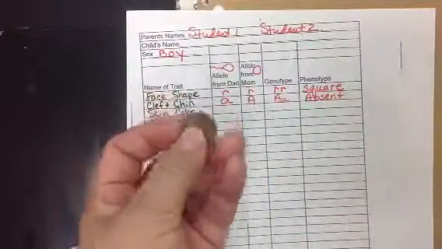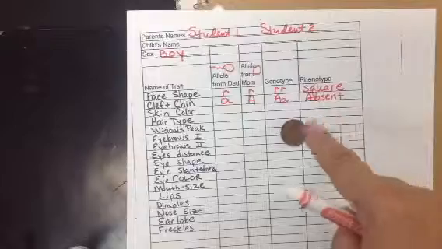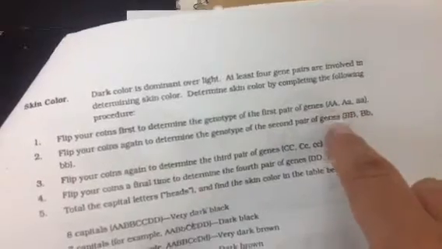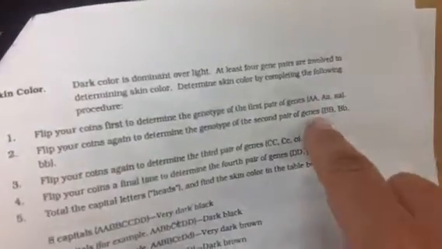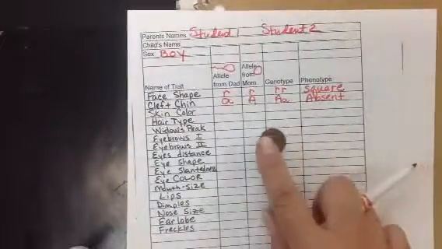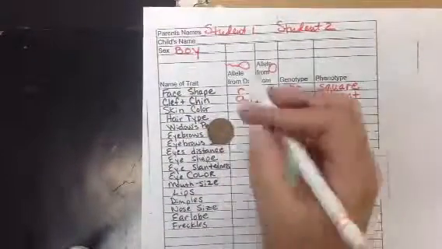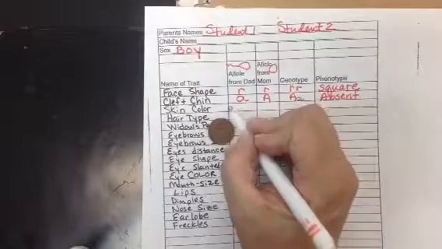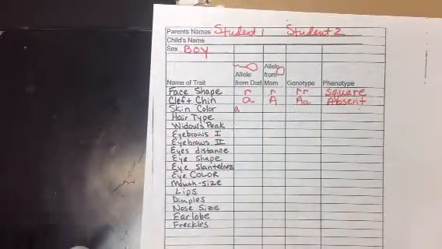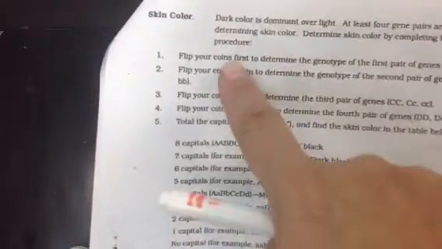So Dad and Mom. Let's do Dad first. So Dad, he got tails. So if you look at the chart, it says flip your coin first to determine A. The second time you're going to get B. The third time C. The fourth time D. So since we got tails, our first trait will be a small a. Dad has to flip 4 times because it says you're going to flip 4 times.